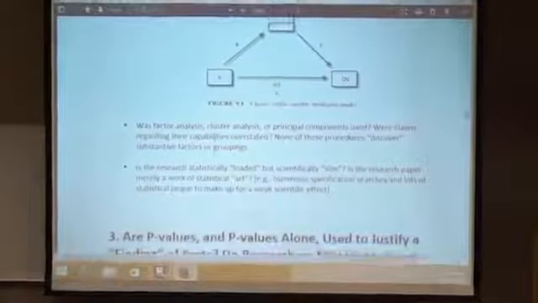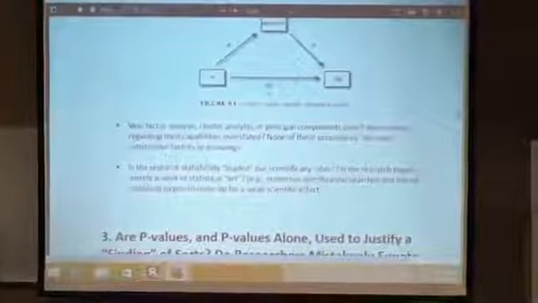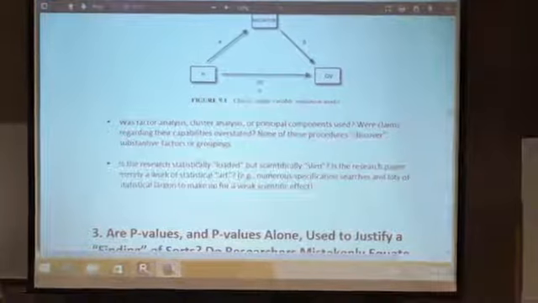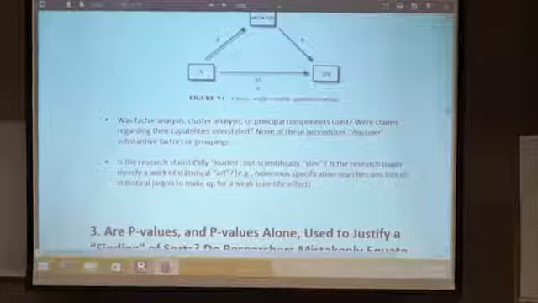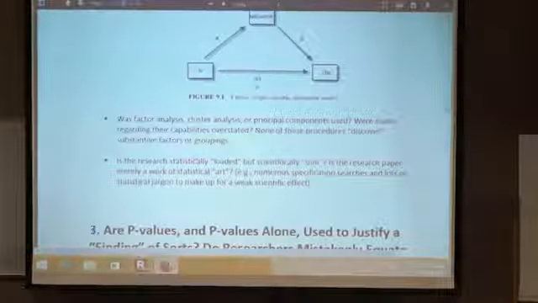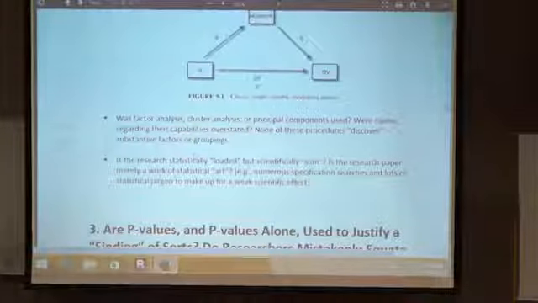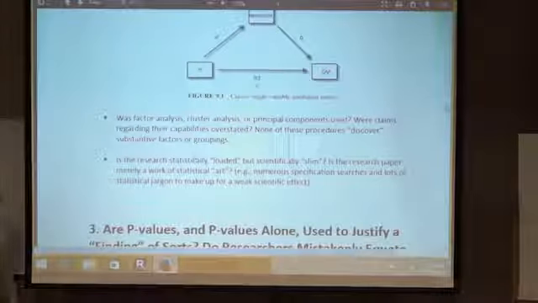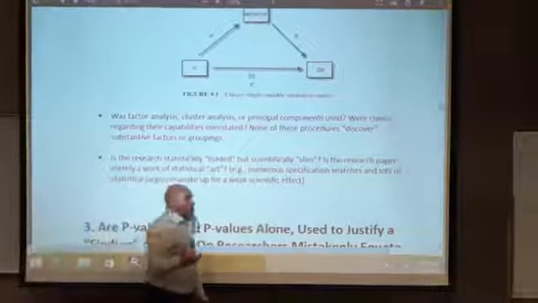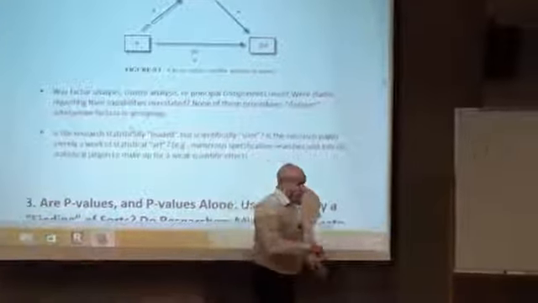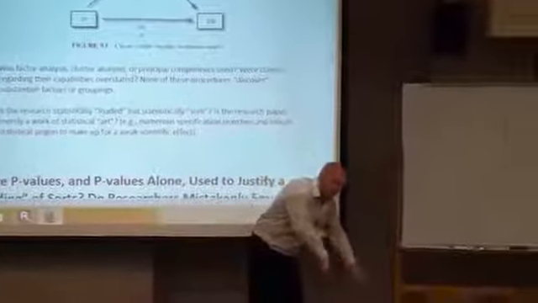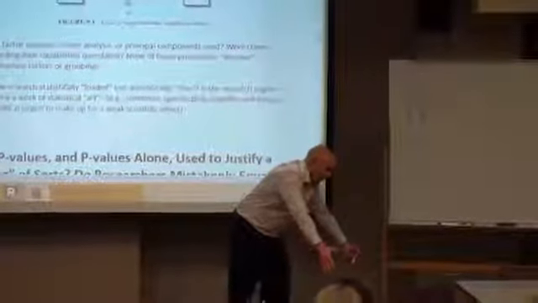Was factor analysis, cluster analysis, or principal components used? I'm not going to talk very much about that, but were claims regarding their capabilities overstated? None of these procedures discover substantive factors or groupings. Oftentimes, we think of factor analysis as uncovering something, like uncovering something in the dirt and then going, the factor right there.